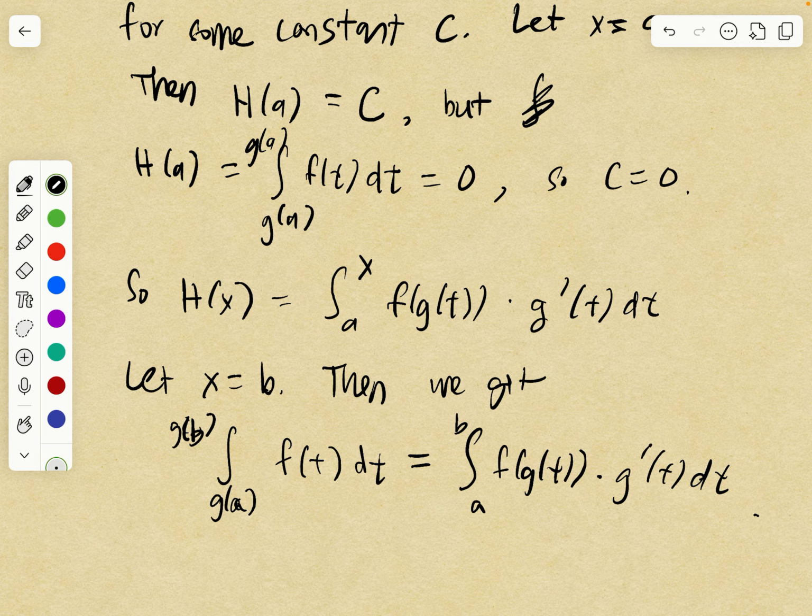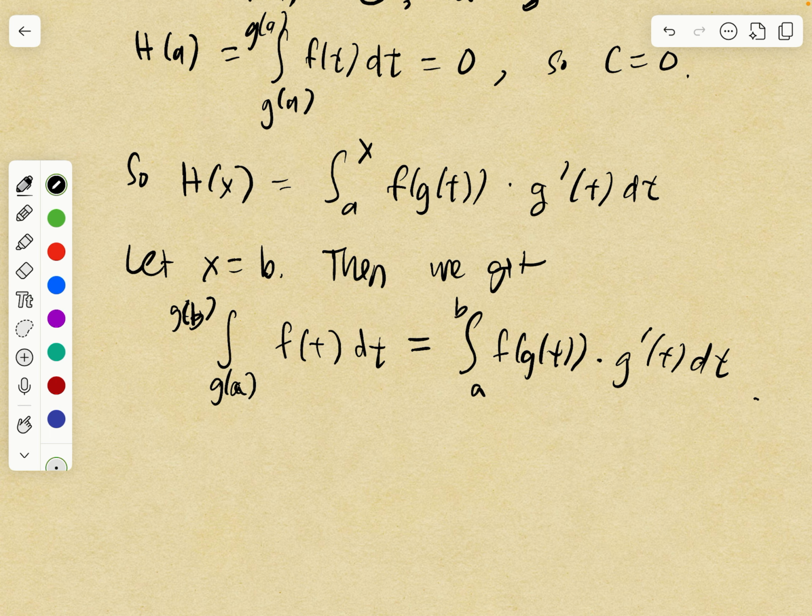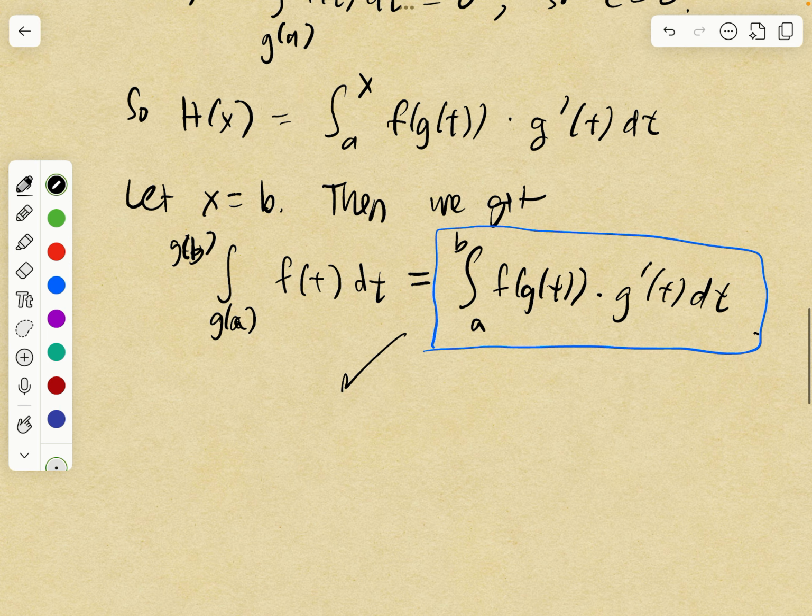So how is this u-substitution? Well, often you're interested in evaluating some integral like the integral of 2x times sine of x squared dx, from 0 to pi over 4, let's say.